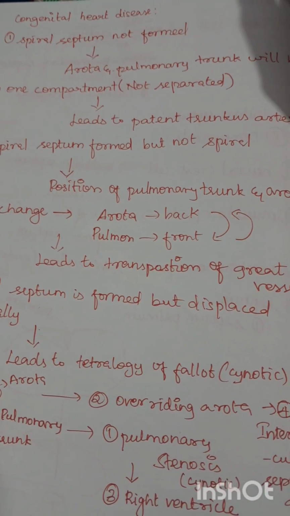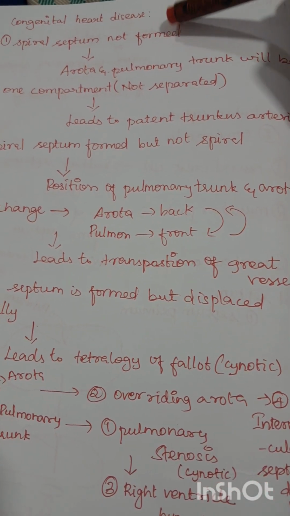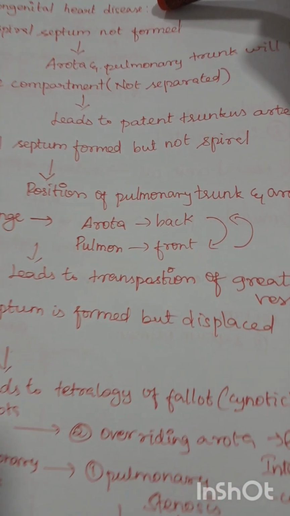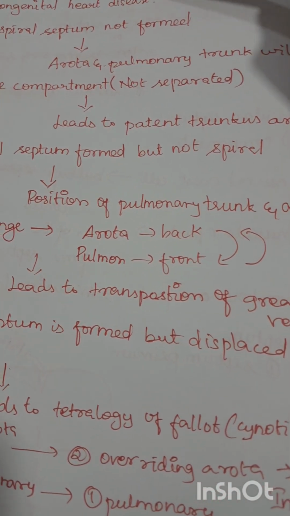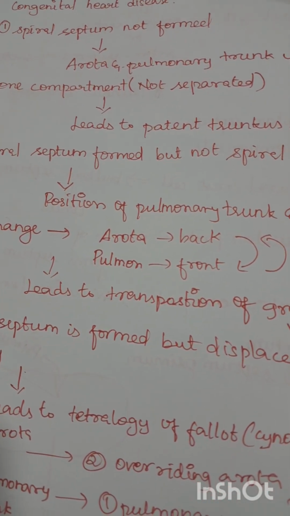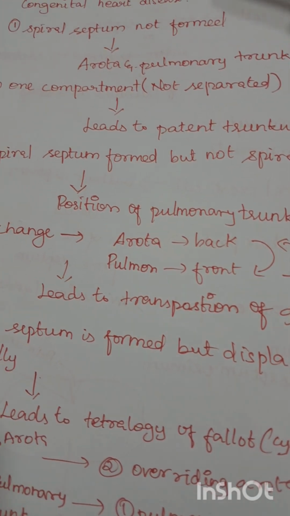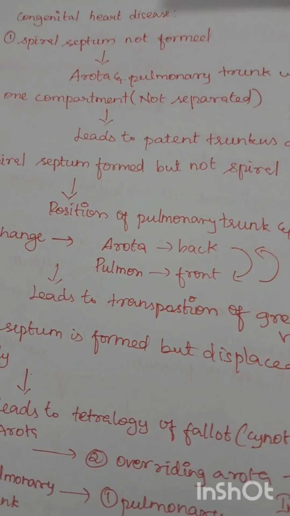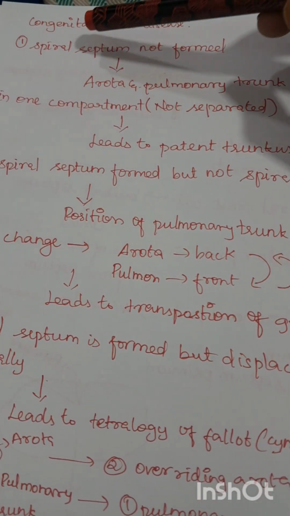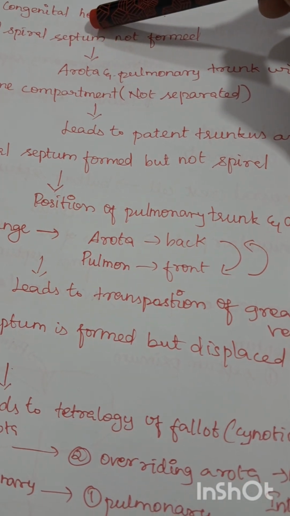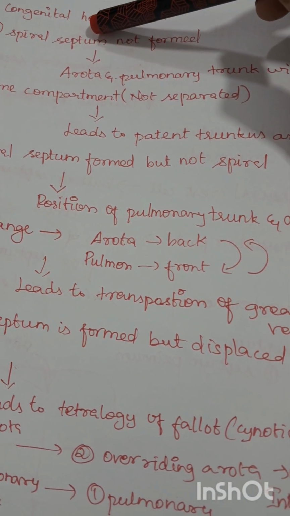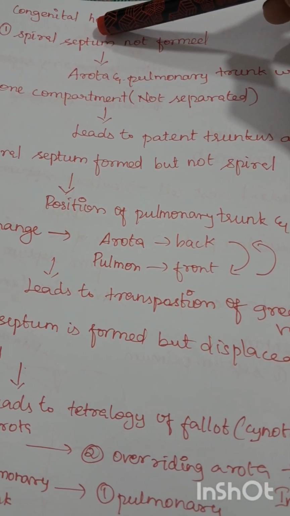Then we have to discuss congenital heart disease, which is nothing but a defect in the heart before birth. First, the spiral septum, which is formed in the truncus arteriosus.